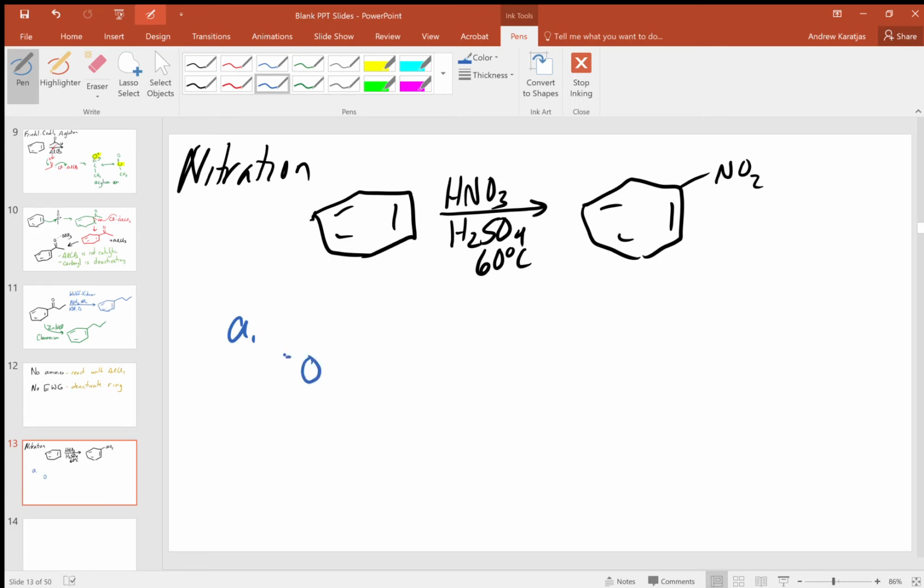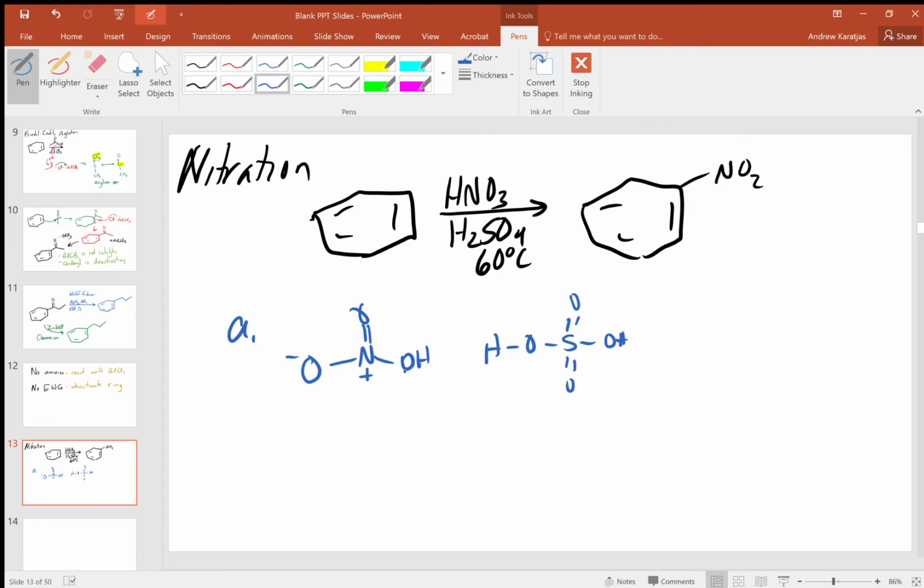And we're going to see that right here in the electrophile generation for nitration. So as we said, we have a combination of nitric acid and sulfuric acid, both good acids. So we're going to actually see nitric acid play the very, very unusual role here of functioning as a base.